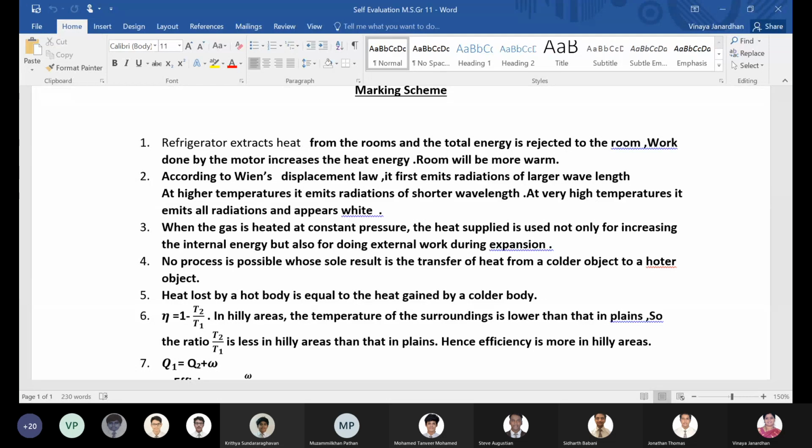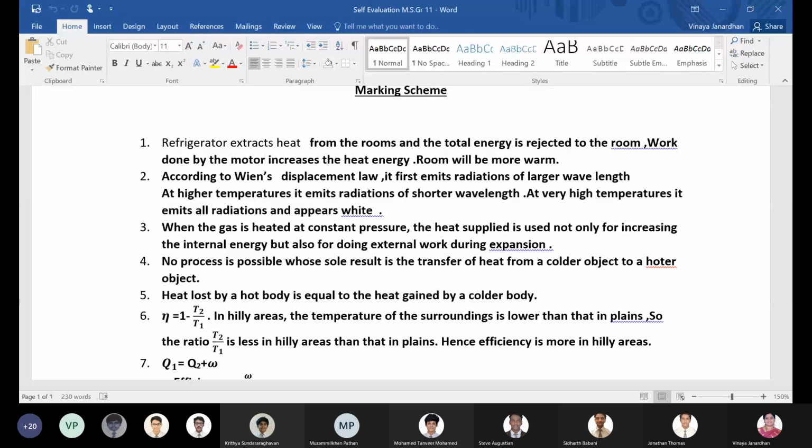Suppose body A is your surrounding and body B is your refrigerator. The refrigerator will be at lower temperature compared to your room. If you want the temperature inside the refrigerator to stay cooler, then heat from the cooler one should go to the higher one.